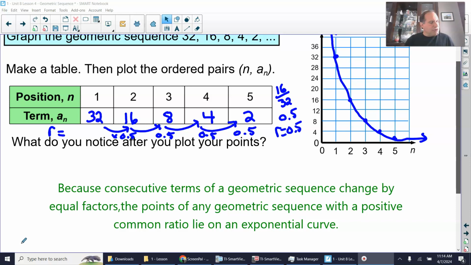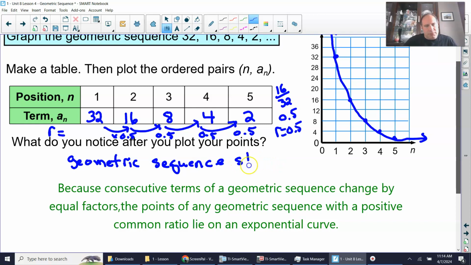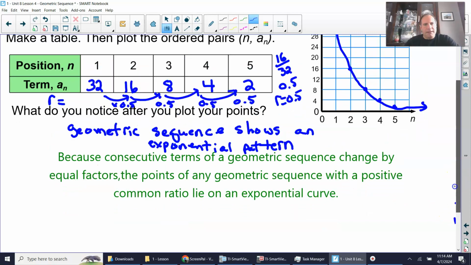All right, so just remember a geometric sequence shows an exponential pattern. And that's it for that page.